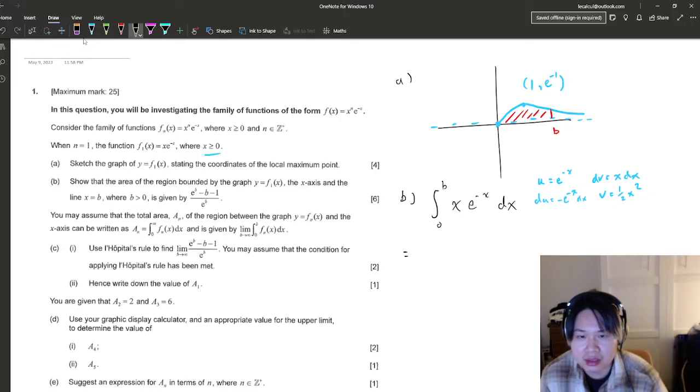So this is going to be u times v, so e to the negative x times 1/2 x squared, minus the integral, and this is evaluated at b and 0. Integral from 0 to b of v du, right?